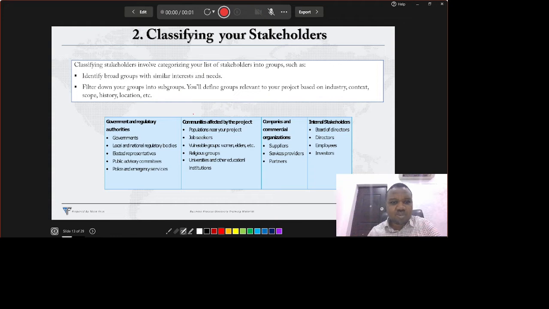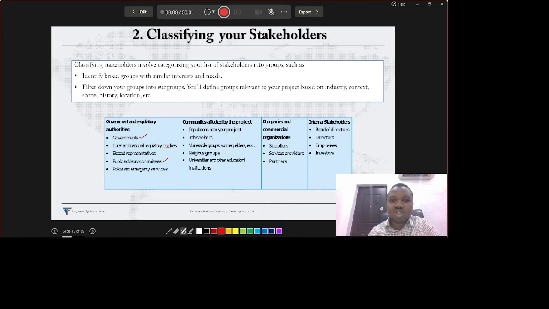So, for example, there's a similar table here that shows how we've classified some stakeholders. You can see we've classified this one under government and regulatory authority. So, for example, I need to meet with a public advisory committee. I need to meet with some people with the regulator in the government, some regulatory bodies.